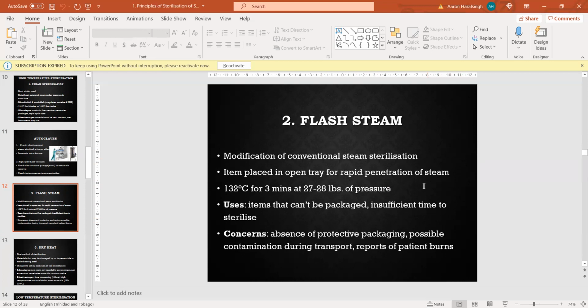One of the issues here is that the item doesn't need to be packaged, and that there may be insufficient time to sterilize. Because of the absence of protective packaging, one of the concerns is possible recontamination of the instrument during transport. And sometimes if the instrument is too hot and it's used too soon, it can cause burns to the patient.